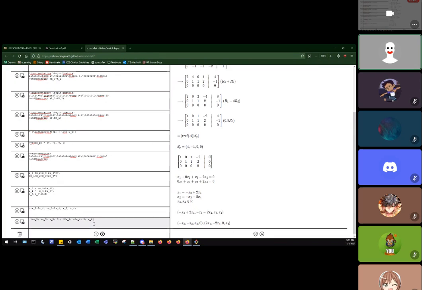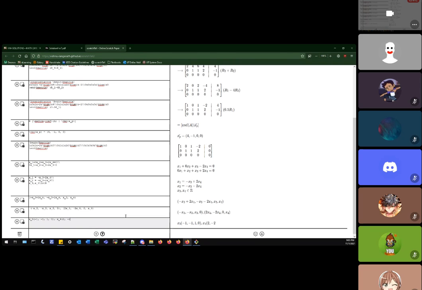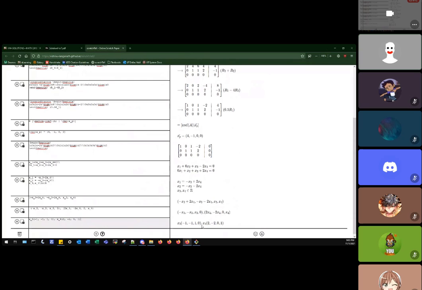From here you factor out the x3 and x4. Right, and these should be what they got: -1, -1, 1, 0, and 2, -2, 0, 1. Yep. These are your special solutions.